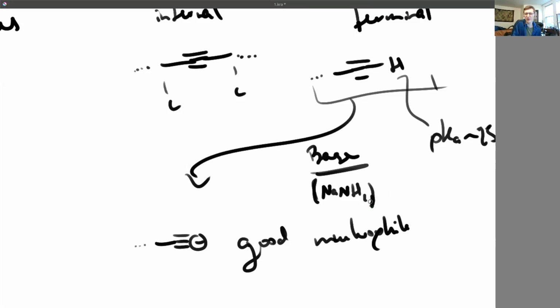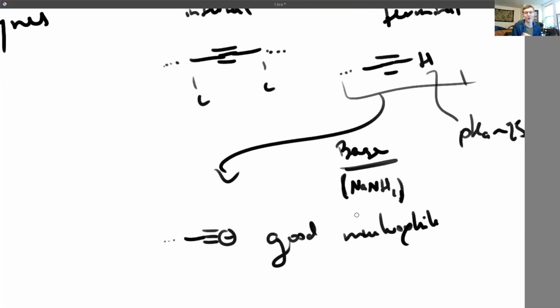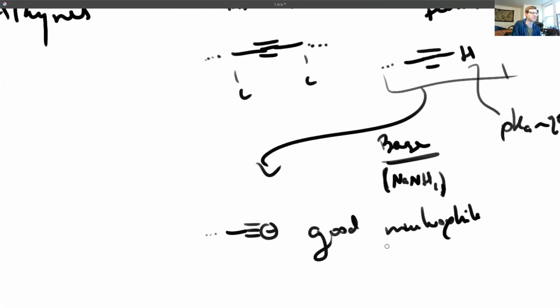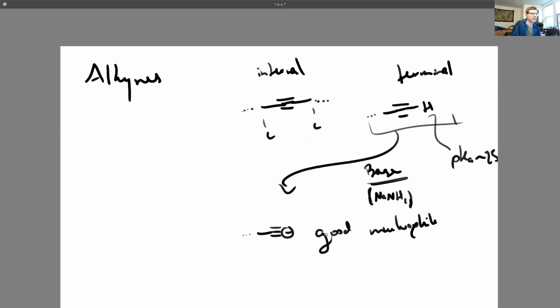There are some other bases that could do this too. LDA comes to mind, which is also a nitrogen that has a minus charge, but you don't have to be creative. Again, there's no points for being creative, so sodium amide will work perfectly fine. Okay.